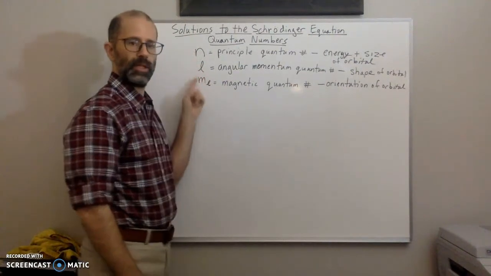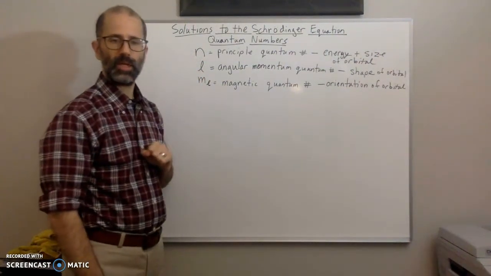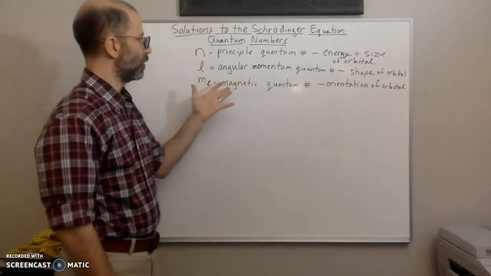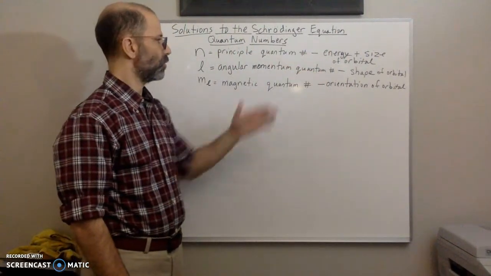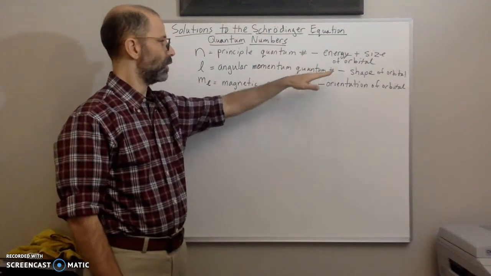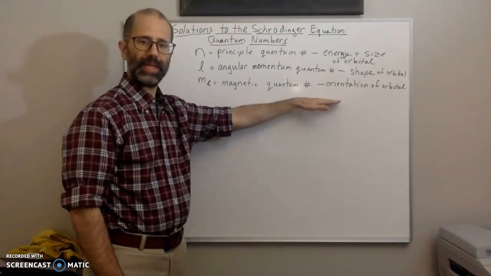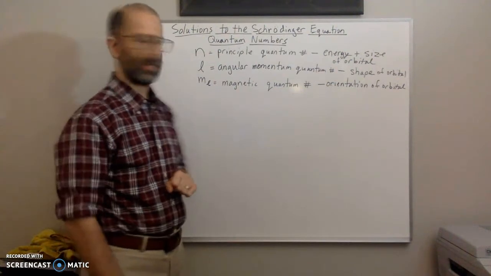These three quantum numbers are talking about the orbital itself: energy and size of the orbital, shape of the orbital, and orientation of the orbital in space.